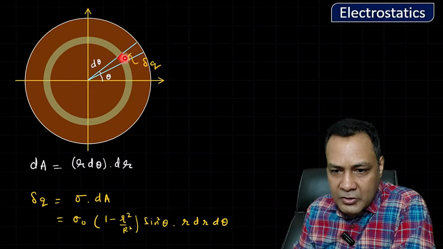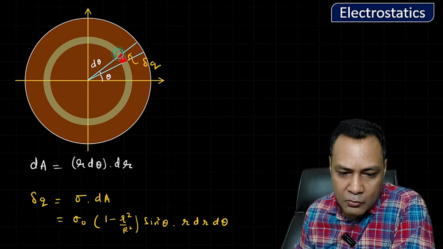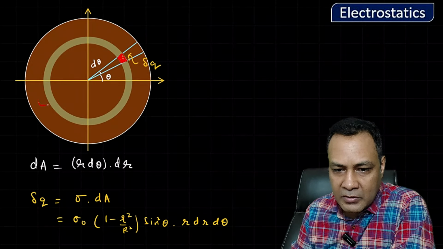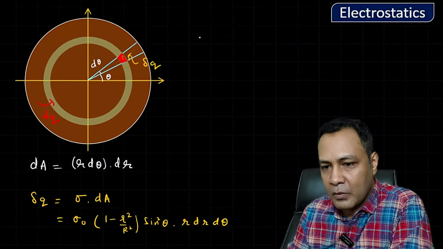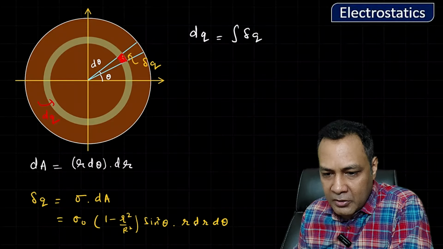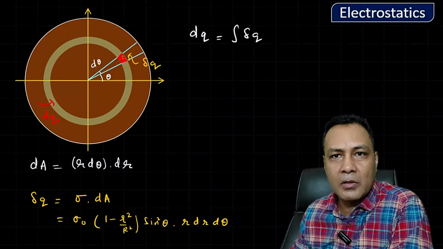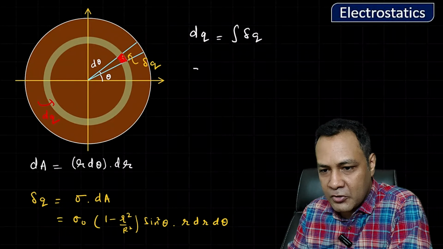So this part charge is del q and this whole charge is say dq. So charge of this ring is say dq. And this dq is the integration of del q. On this integration, all the things which are in terms of small r are constant, so I'll take them outside the integration.